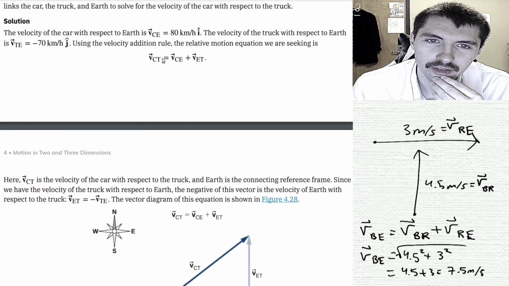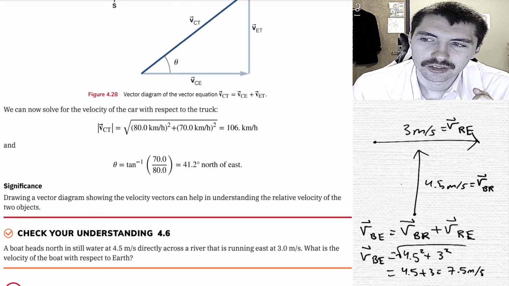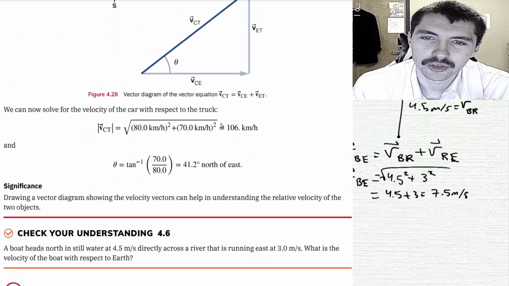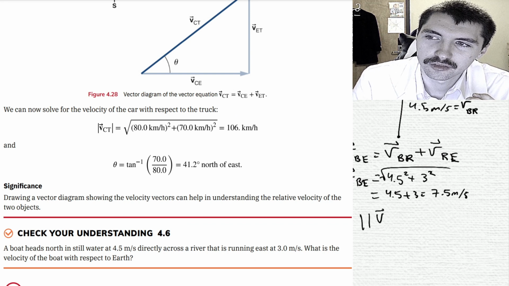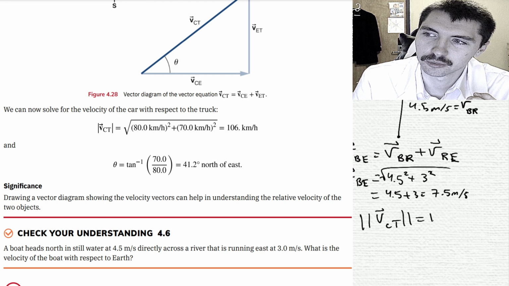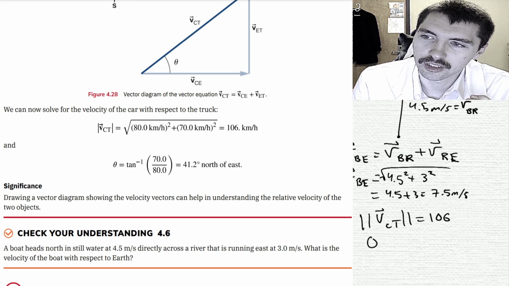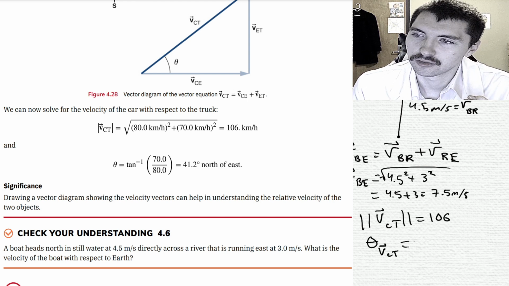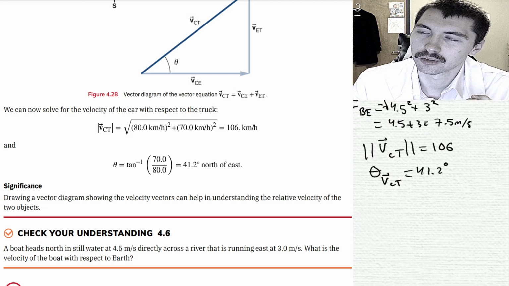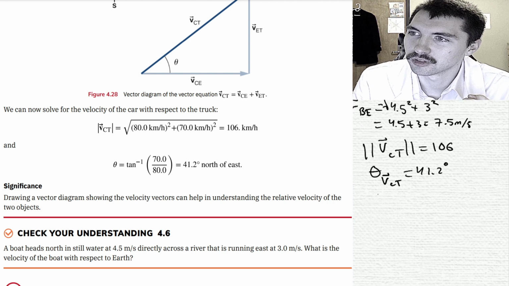I think you have to think this has an I hat, J hat, K hat. So maybe they're just not doing the whole problem here, because when you get the magnitude of VCT equals 106, and you get the theta of VCT is 41.2 degrees northeast. Okay, so what do you do with these two numbers? You plug it in.